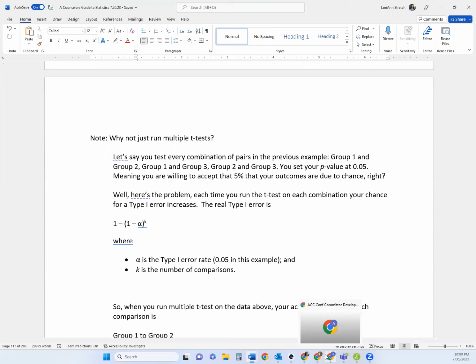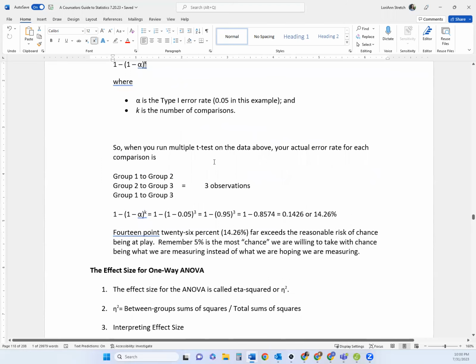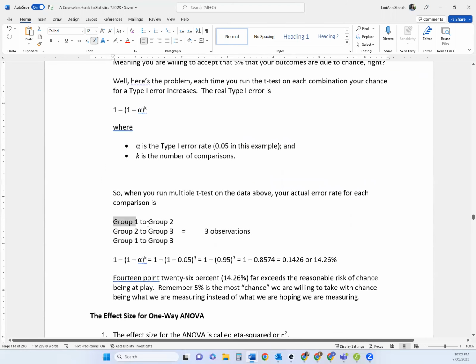1 minus the significance raised to the K. So if I have a certain number of comparisons, which is what the K represents here, I have to count those comparisons. So group 1 to group 2, group 2 to group 3, and group 1 to group 3, to truly understand the differences between these groups, which is going to give me 3 observations, which is equal to my K. So my K here is equal to the number of observations.